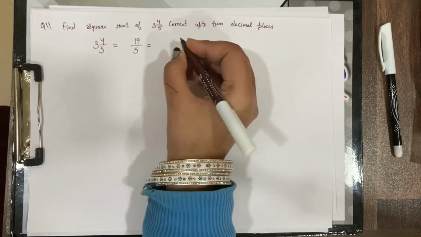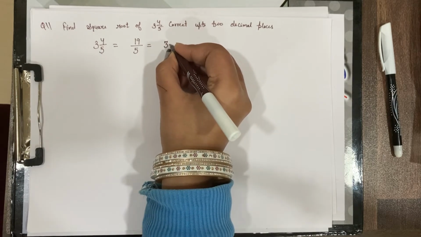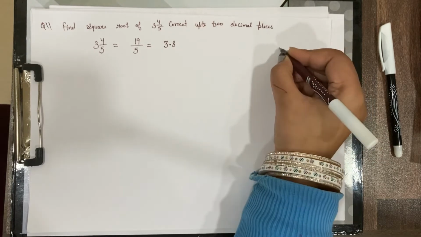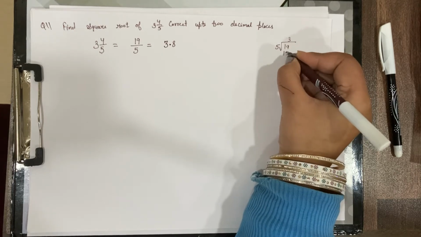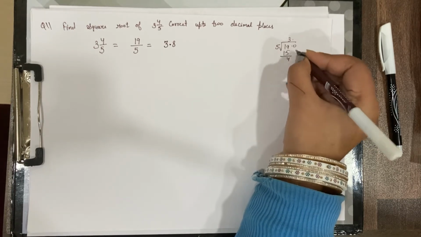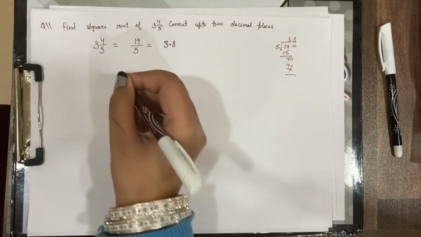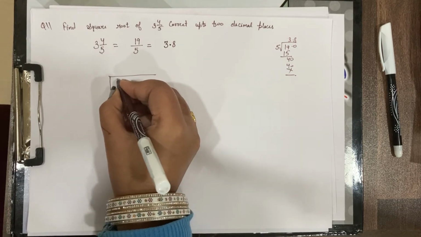When you divide it, see what you'll get. 3 point 8. See, 19 by 5. 5 3s are 15. 4 here and 0 when you put. So 3.8. We have to correct it up to 2 decimal places.